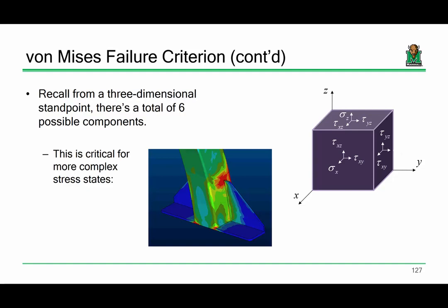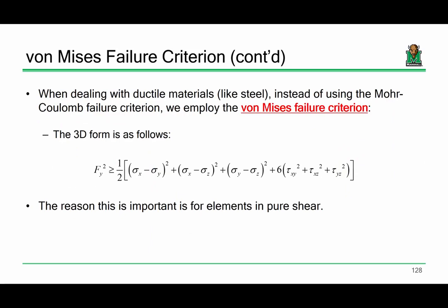For ductile materials, the failure criterion that we use is called the von Mises criterion. Now, here's the equation. You don't have to memorize it. Don't worry. The idea is that given a state of stress, you plug your stresses into this expression, and if the expression holds true, then the member experiences failure.